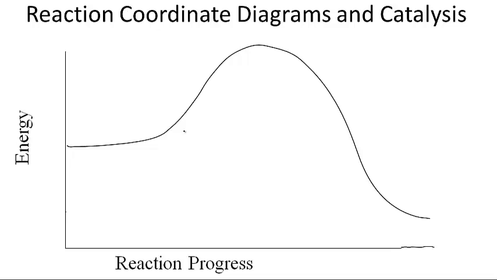So the last thing I want to do before we go is just point out, sometimes we have an energy coordinate diagram for a reaction. And I'm going to say this represents the reaction without a catalyst. What would my energy coordinate diagram look like with the catalyst?